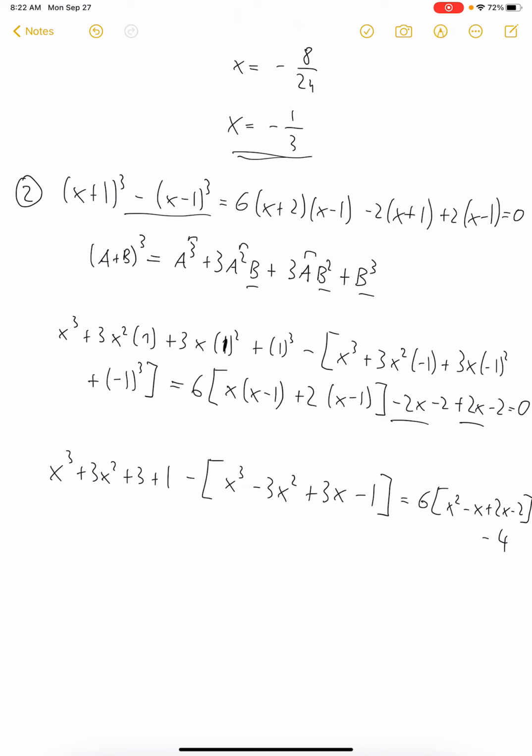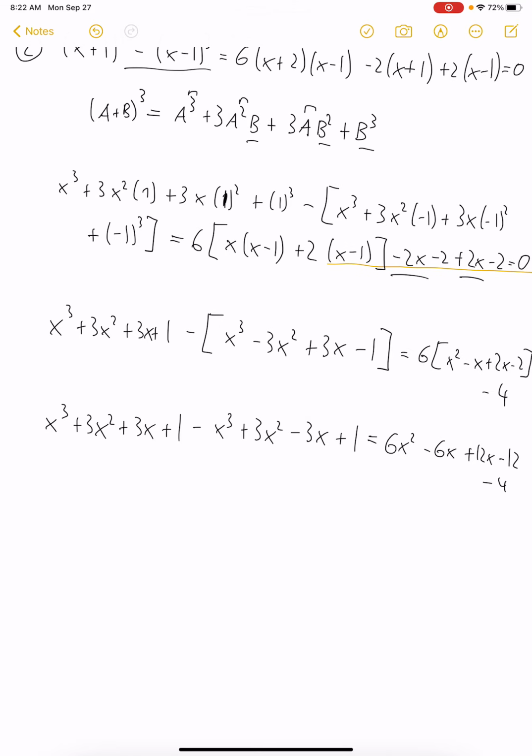Okay, so this should be equal to x cubed plus 3x squared plus 3x plus 1 minus (x cubed minus 3x squared plus 3x minus 1), and this is equal to 6x squared minus 6x plus 12x minus 12 minus 4.